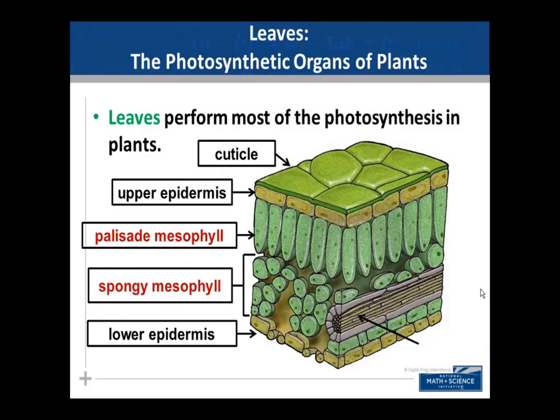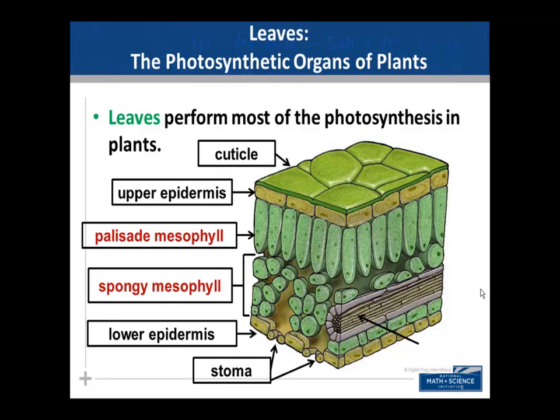There are more air spaces between the cells, and those air spaces are where the gases reside: the carbon dioxide that is taken in to be used during the Calvin cycle, as well as the oxygen that is produced prior to its being released from the leaf. Those spaces between the spongy mesophyll cells are where the gases hang out.